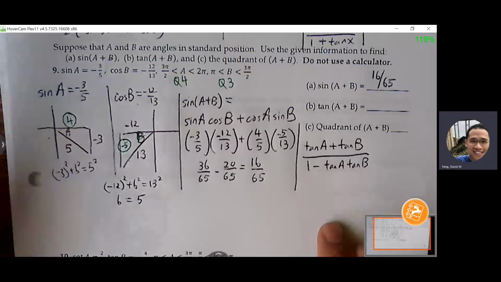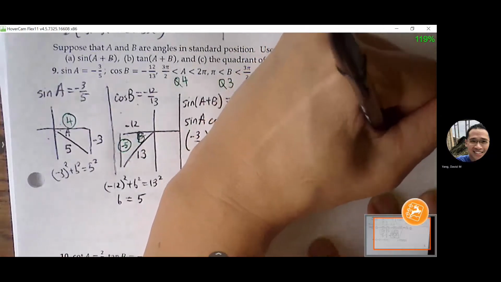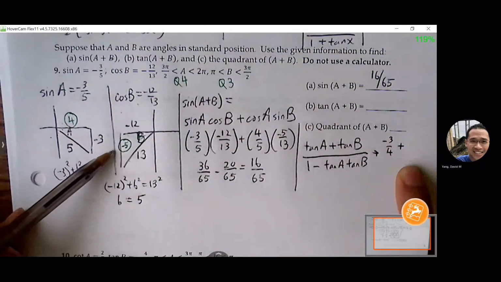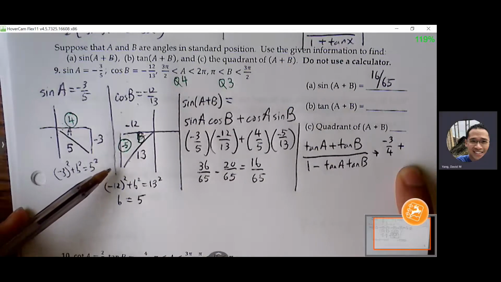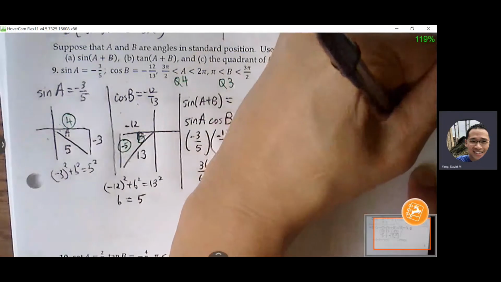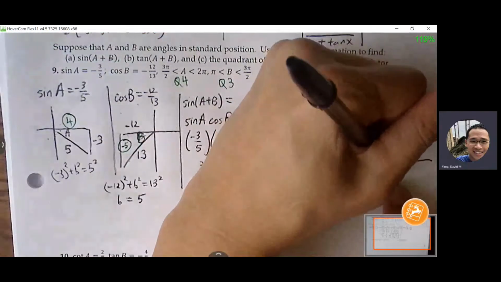Opposite over adjacent. What's tangent of B? Yeah, 5/12. Opposite over adjacent. All over 1 minus.